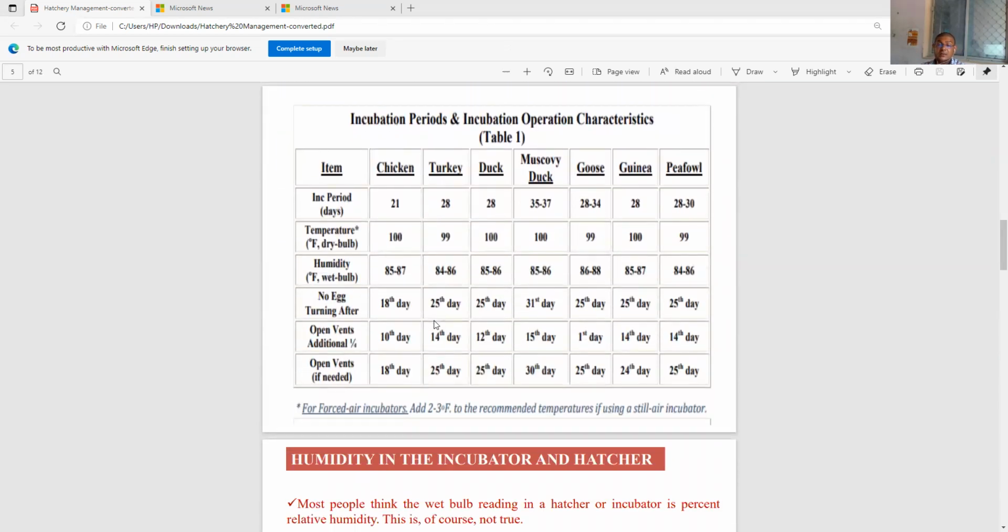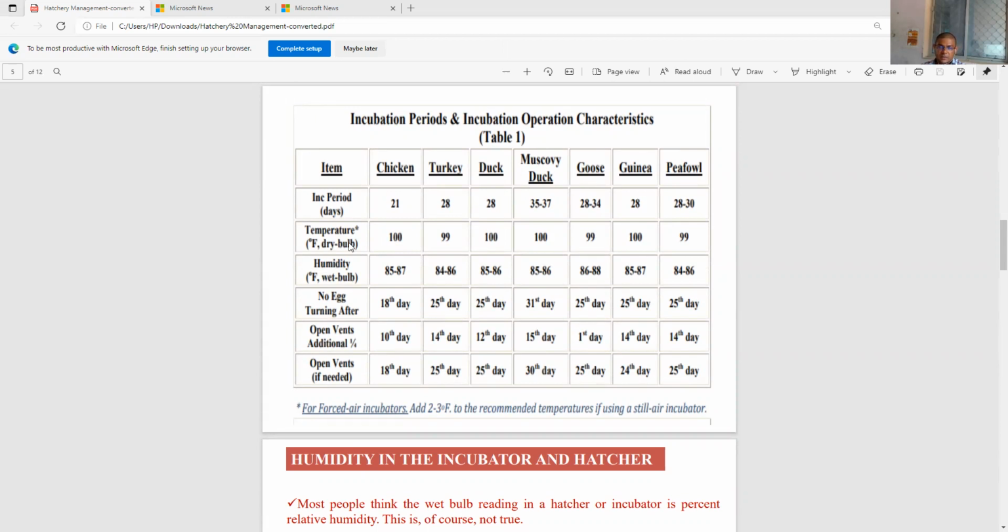In this table, all the conditions for hatching of the egg are given: incubation period, temperature, humidity, number of egg turnings, and open vents if needed.